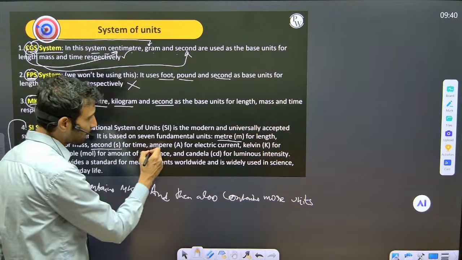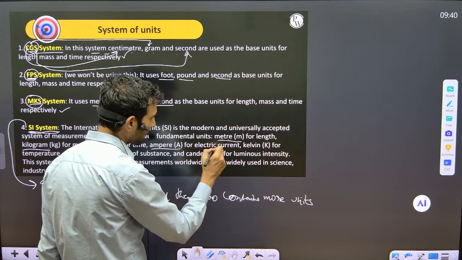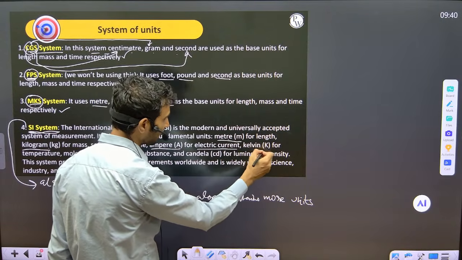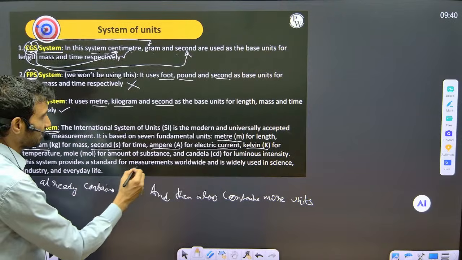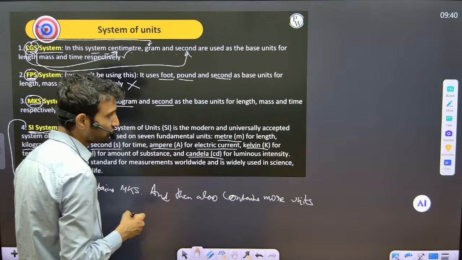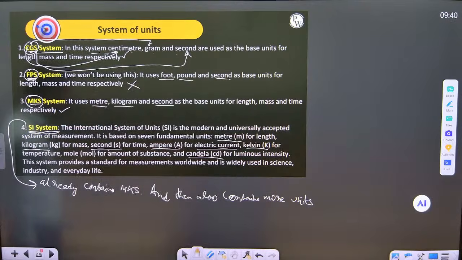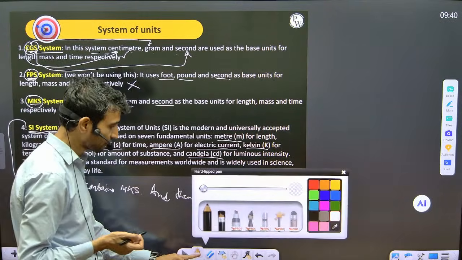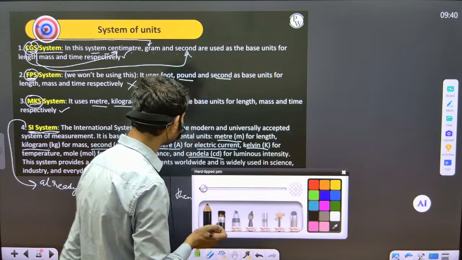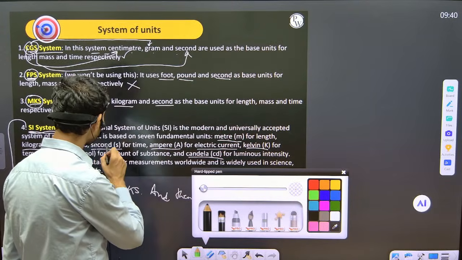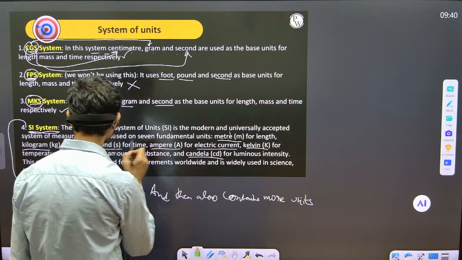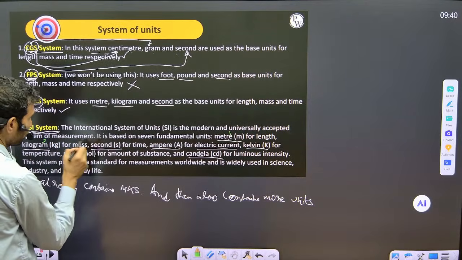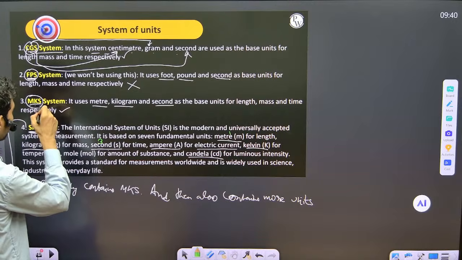That extra is ampere, the electric current unit, and Kelvin, and also candela. So you see, how many fundamental units are there in total if you exclude the supplementary ones? You know there are 7. So 1, 2, 3 are there in MKS also.